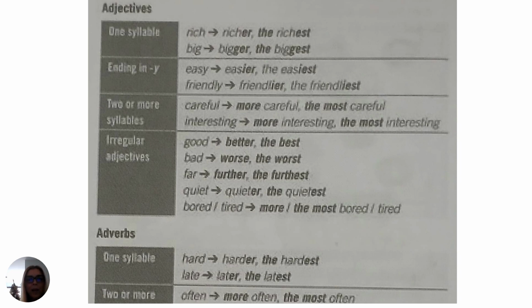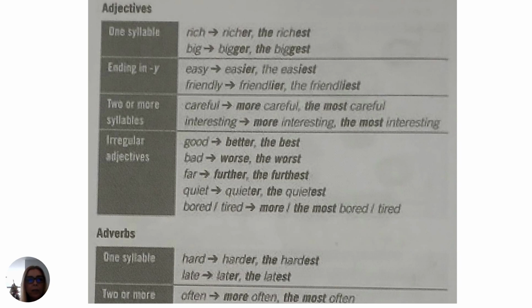Here we have some examples of adjectives and adverbs with comparative and superlative degree. Adjectives with one syllable, for example, rich. Comparative degree is richer, and superlative degree is the richest.